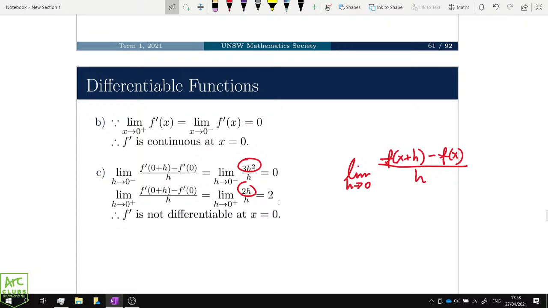For our second limit, as h approaches 0, because these two h cancel out, we end up with a 2. So the behavior of the derivative function as h approaches 0 from both sides is not identical. And so we say that f dash is not differentiable at x is equal to 0, because this limit, which is our definition of a derivative, does not exist at x is equal to 0.